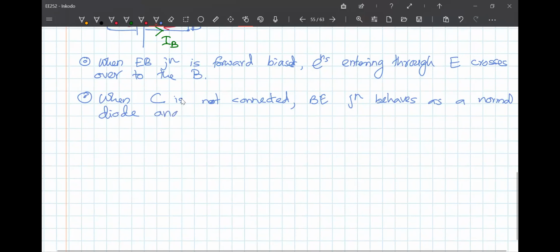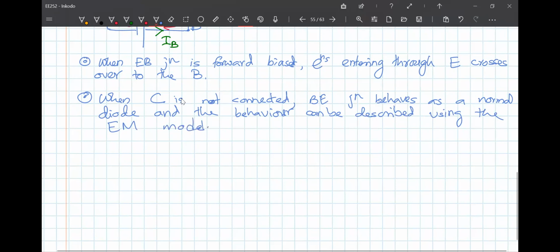And the behavior can be described using the Ebers-Moll model.